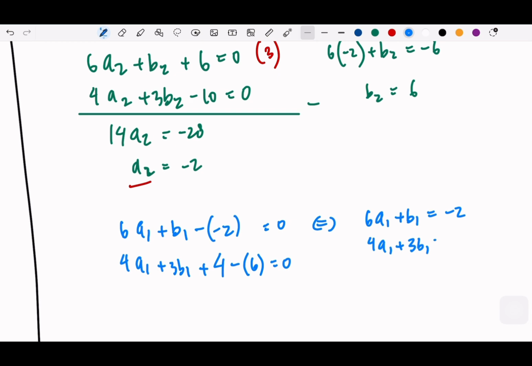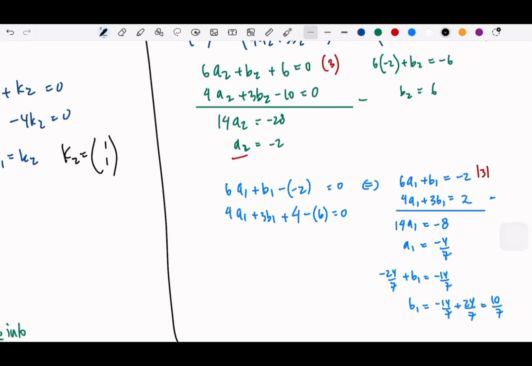This will be negative 2, so 2, right? I will multiply by 3 and then minus. Okay, we can have a break for a while.